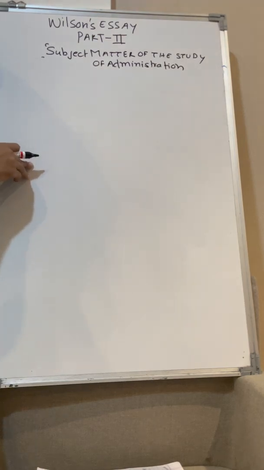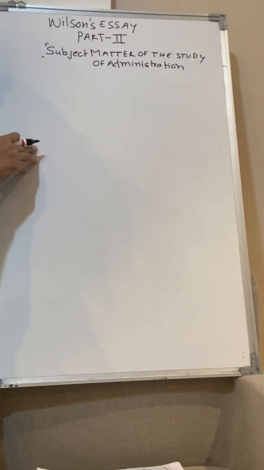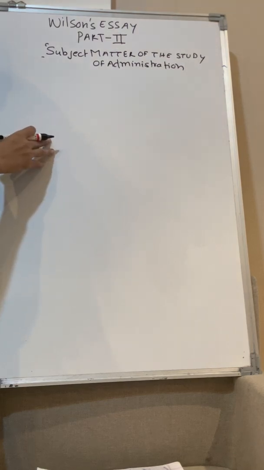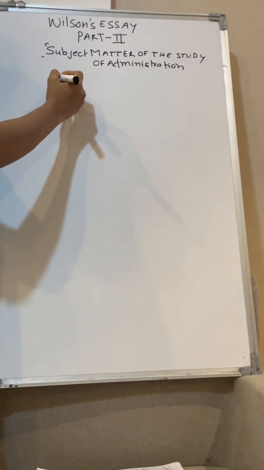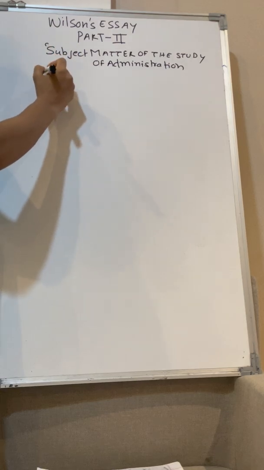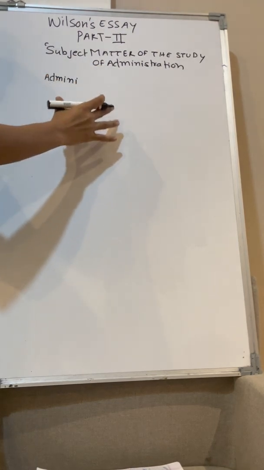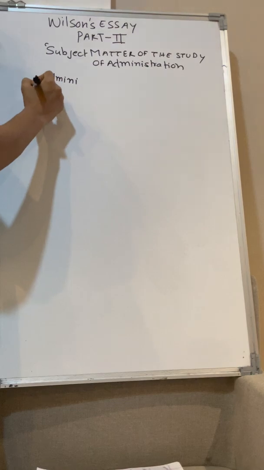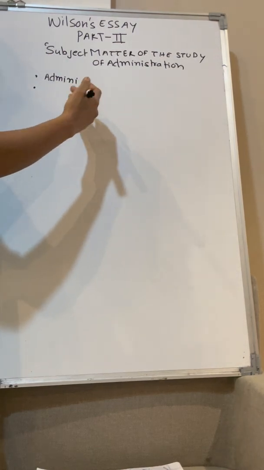This part is explaining what Wilson means by administration, and what the relationship is between administration and other things. I'm giving the summary in point form, and I'll discuss each point as I explain.